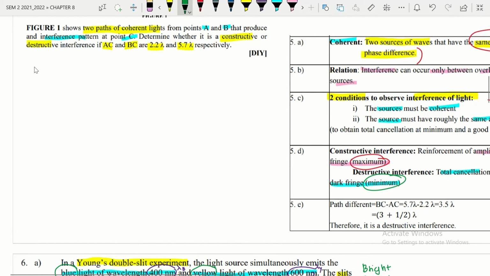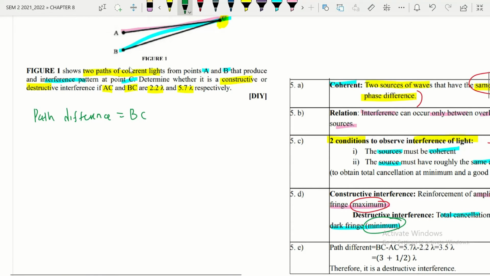We know the path difference is BC minus AC. BC is given as 5.7 lambda and AC is given as 2.2 lambda. Pressing the calculator, you will get 3.5 lambda.